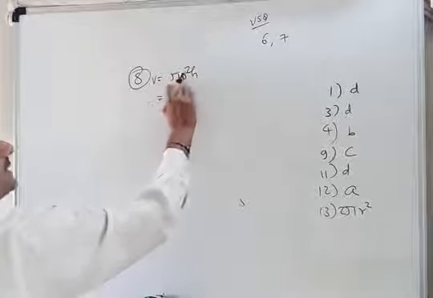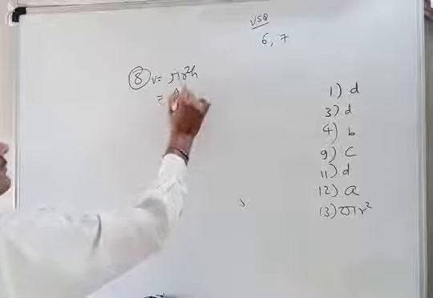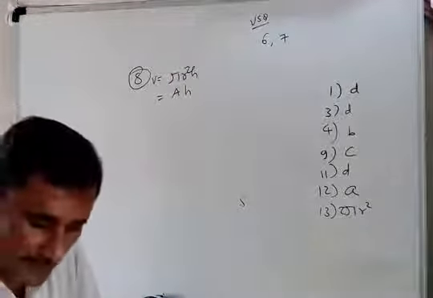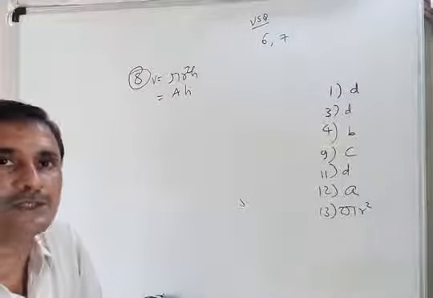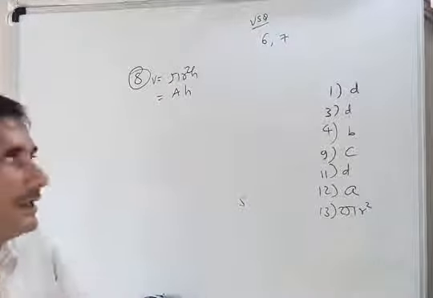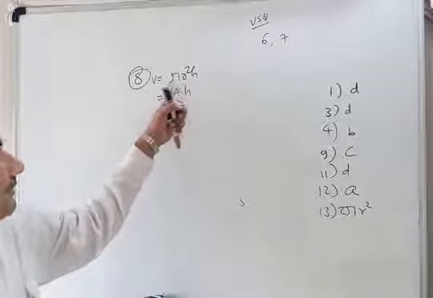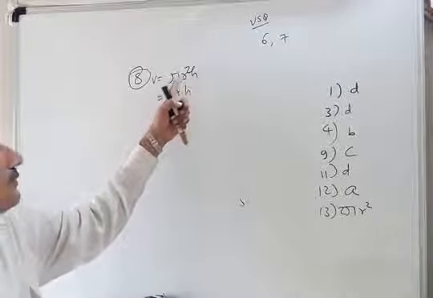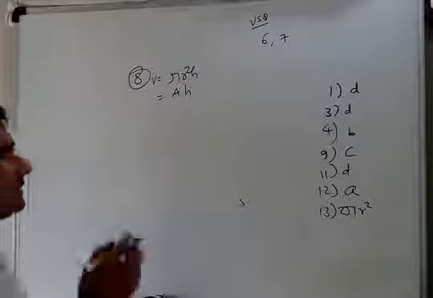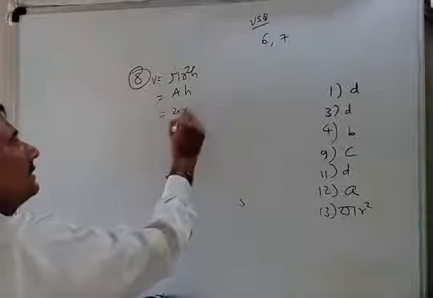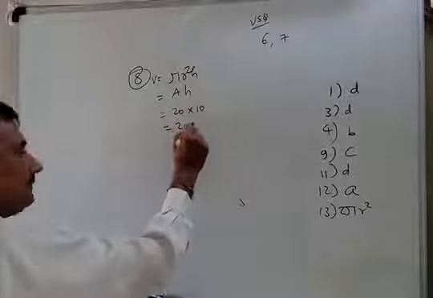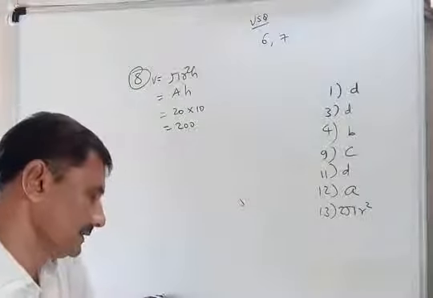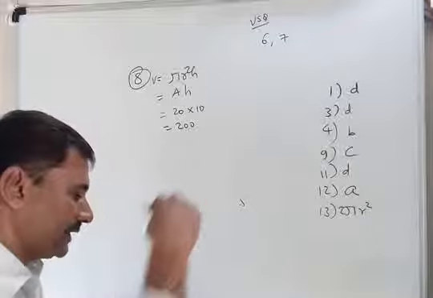But pi r square is nothing but the area of the base, so the formula becomes A into h. We already discussed that in the very first lecture of this lesson; I wrote that formula in a table. If you don't remember, just derive it: pi r square h, where pi r square is the area of base. So it is 20 into 10, 200. So 200 meter cube is the answer.